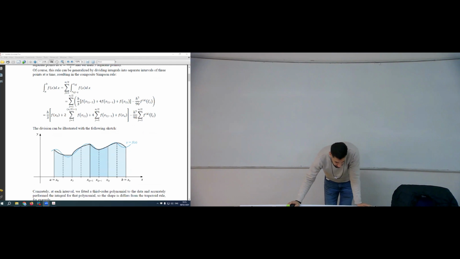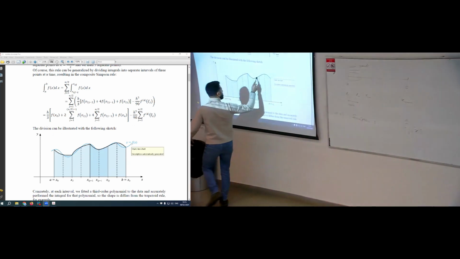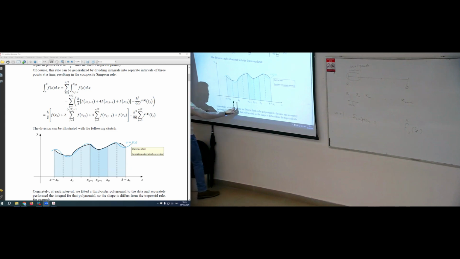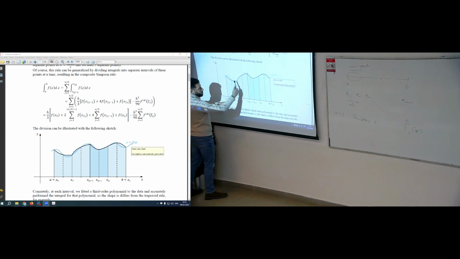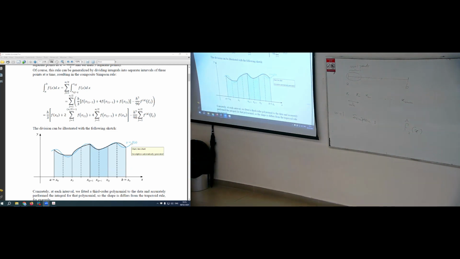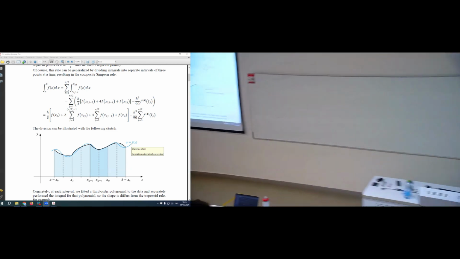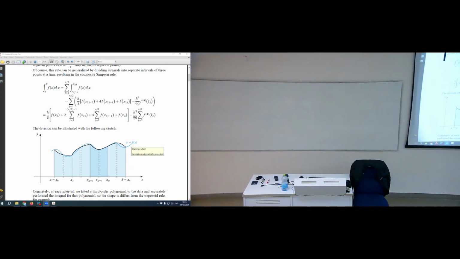So the function is this, and here between x0 and x2, we have this quadratic approximation or interpolation of the function. And the integral is the area under this quadratic function.